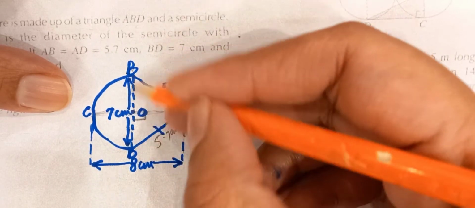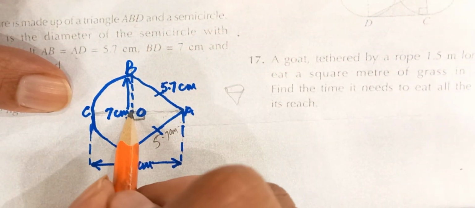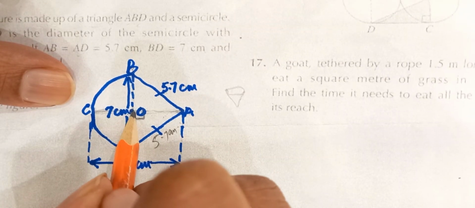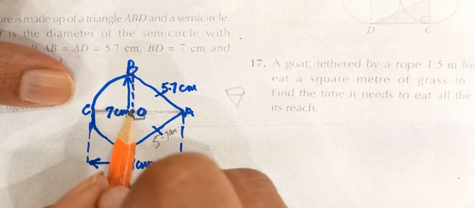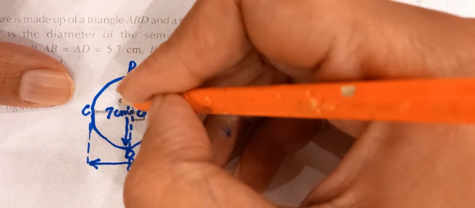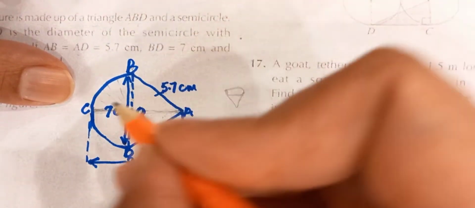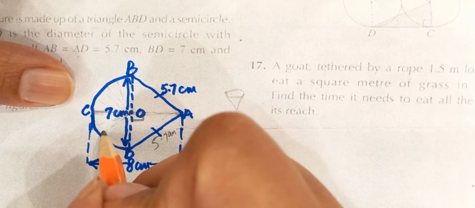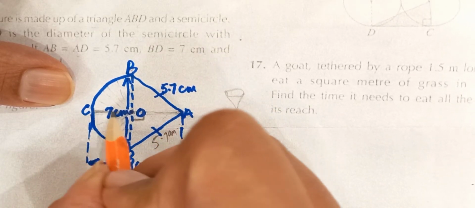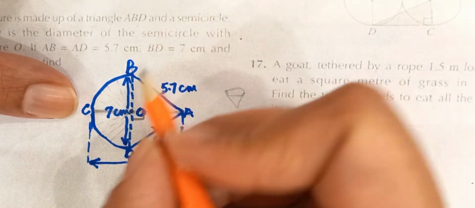The full line is diameter and half of it is radius, and this line is also the radius of the semicircle. All these lines which start from the center of the circle and touch the outer part of the circle are radius.